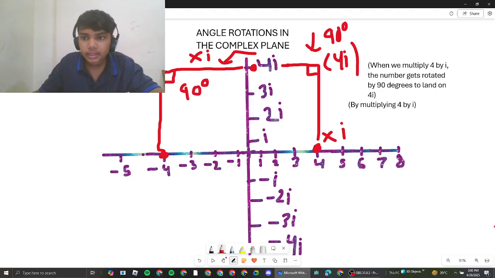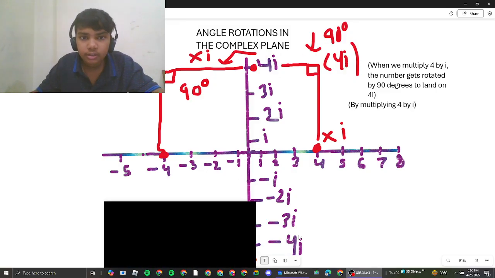So when we add this up, it is a total of 90 plus 90. I'm going to write that here.